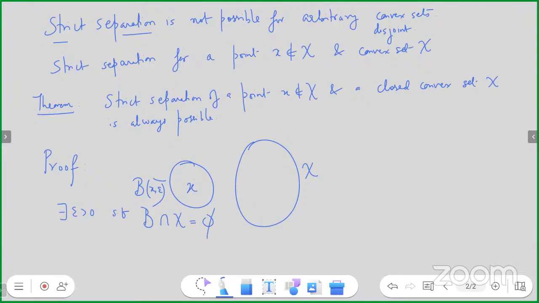And why is that true? Because of the closedness of chi and little x not belonging to chi. Okay, now what should I do? From the separation theorem, what do I get?